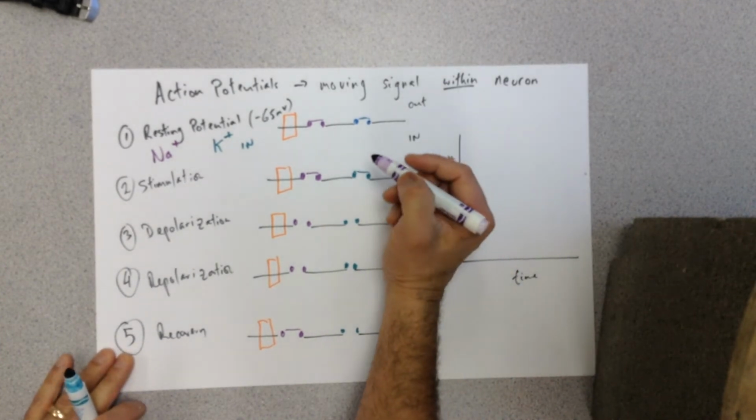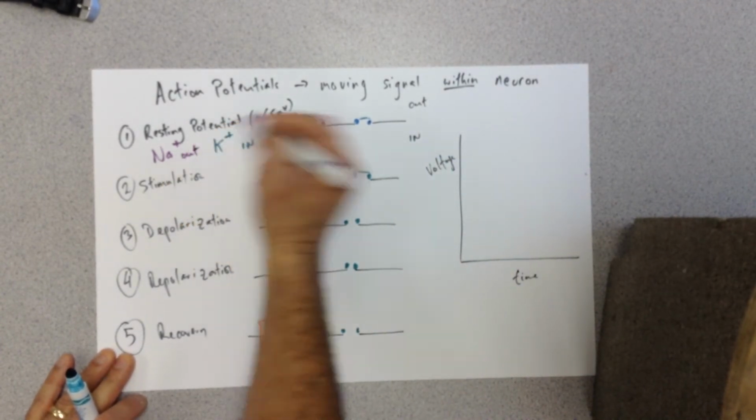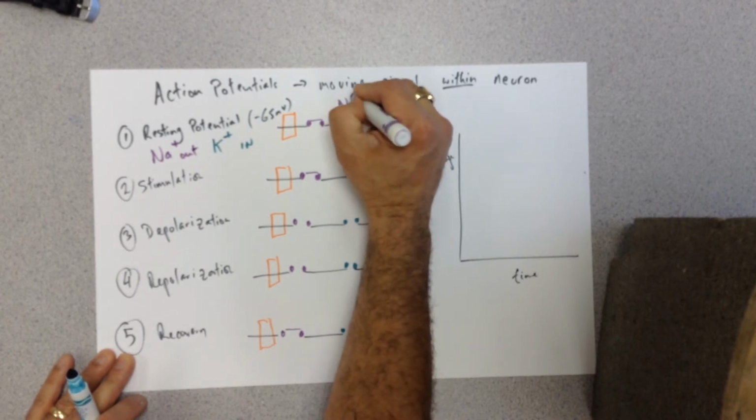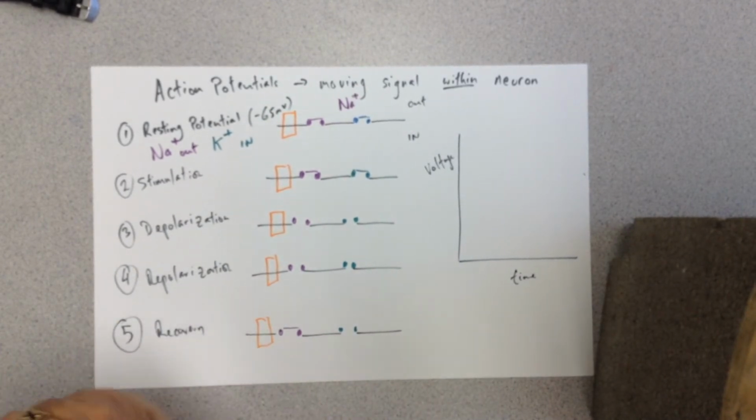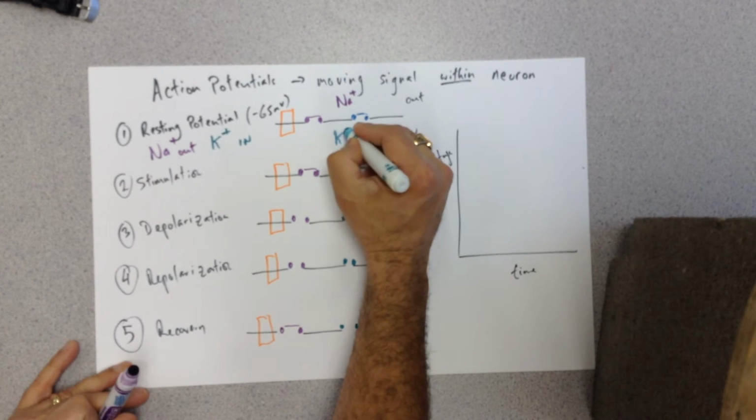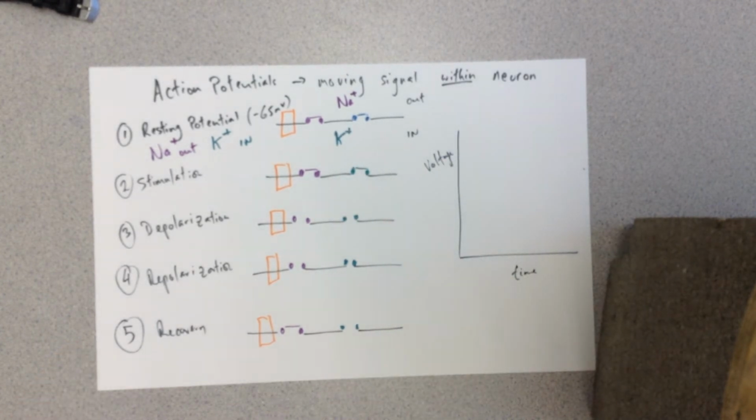So on our diagram here, we have sodium on the outside, we have potassium on the inside. You'll note that both of these are positive charges. So whenever we talk about voltage, we're comparing the outside to the inside. So here, if it's negative 65 millivolts, that means that there is a bigger concentration of positive ions inside the cell, so the outside is negative by comparison.